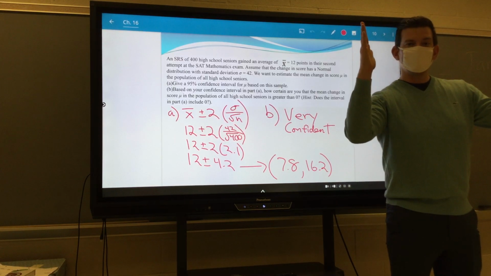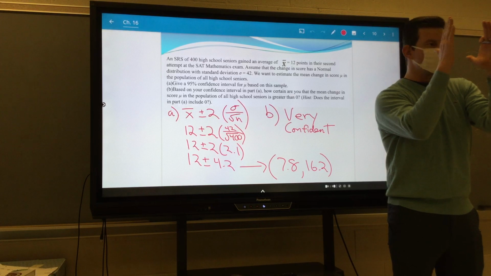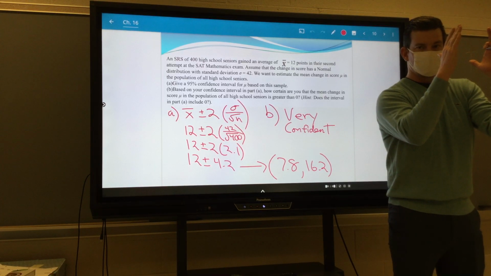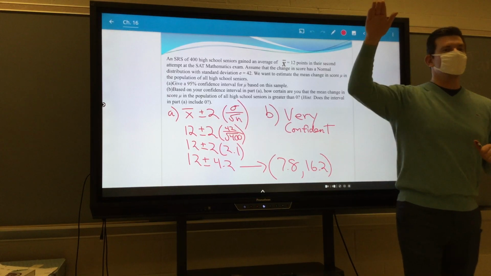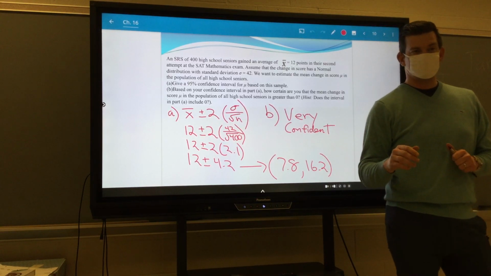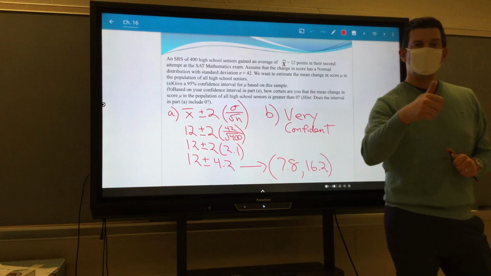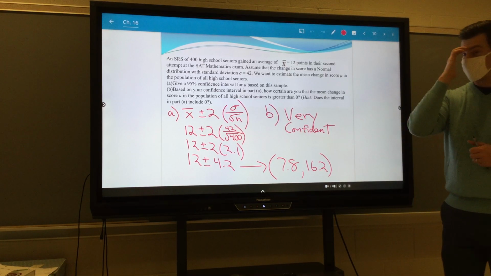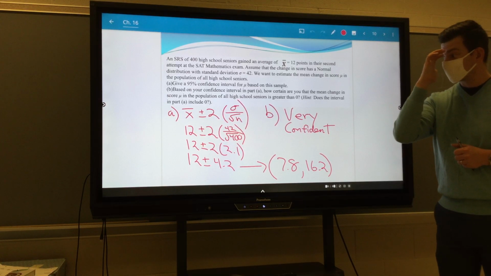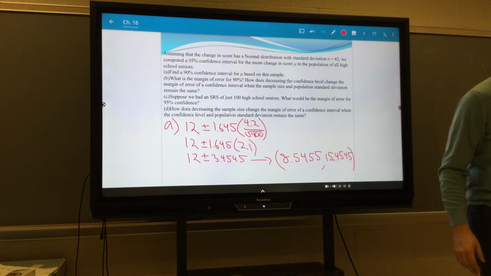So what we've done, we've narrowed in our interval a little bit. We've zoomed in on it. However, the price that we paid is we've lowered our level of confidence. Now only 9 of 10 will be there as opposed to 19 out of 20, 95% confidence. Questions with that?